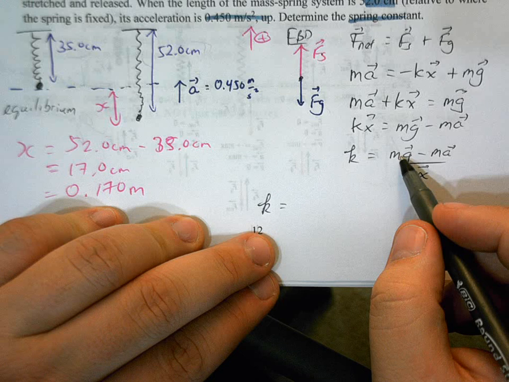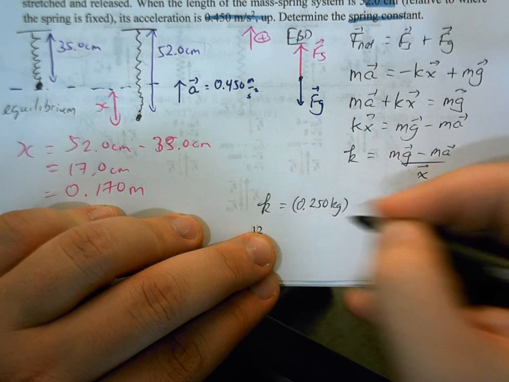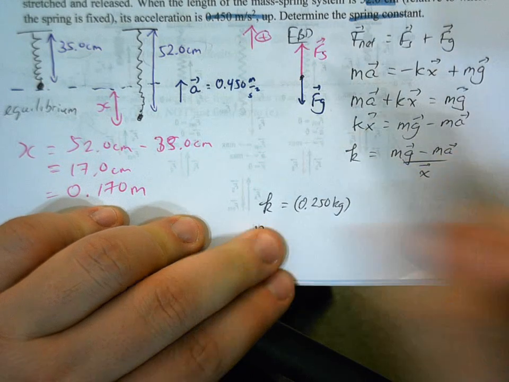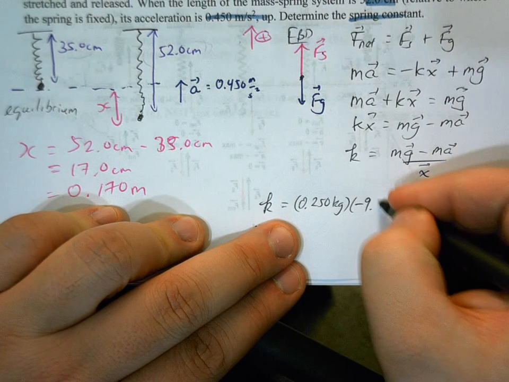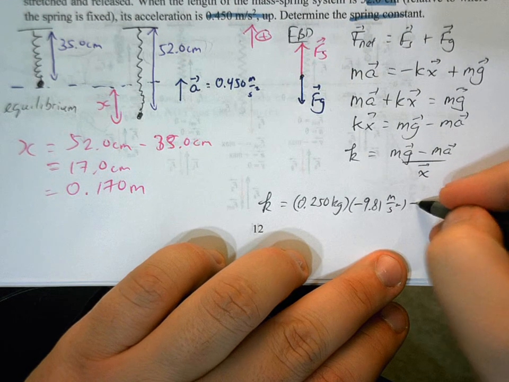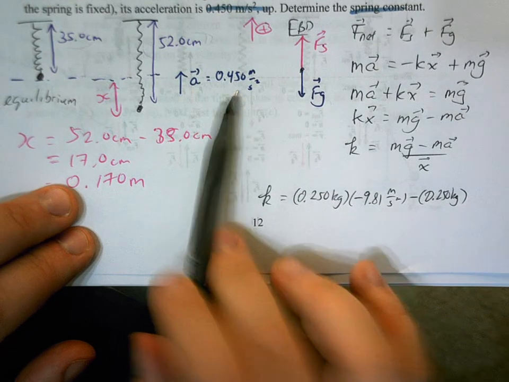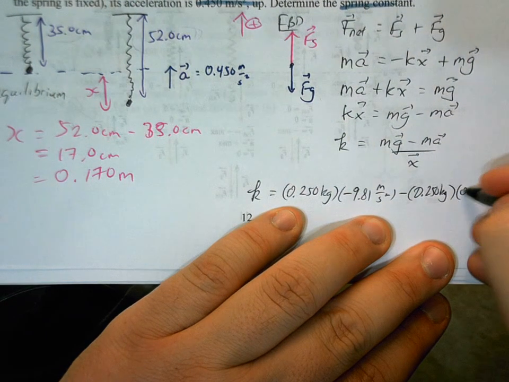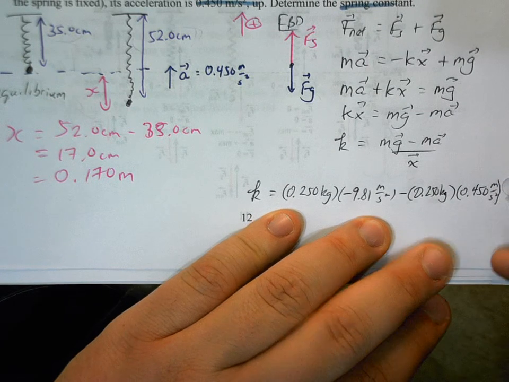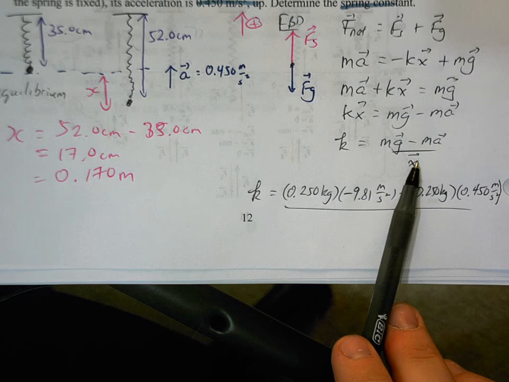We have a mass told to be 0.250 kilograms. g is directed down, but I've called up positive, so I have to put in negative 9.81 meters per second squared. From that, we subtract 0.250 kilograms times the acceleration, which is directed up and therefore positive, so 0.450 meters per second squared. Lastly, the displacement from equilibrium is also a vector.